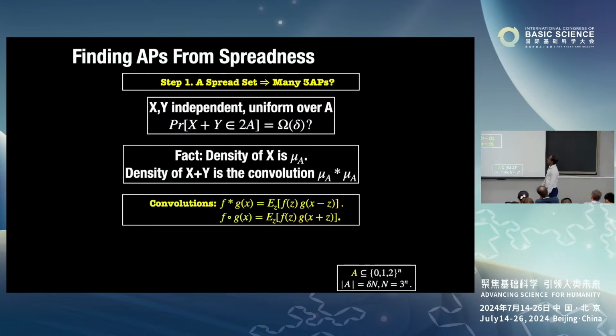So if the convolution, okay, and here by density, normalized, I'm looking at the density function, not the probability distribution.